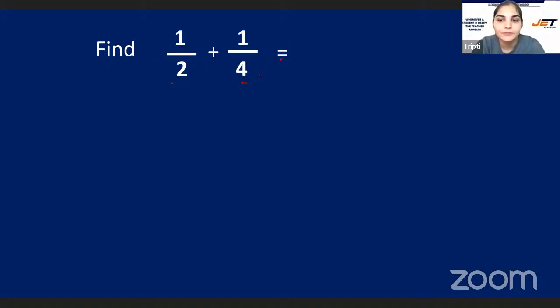Make the denominators same and then add them. I hope it is done.